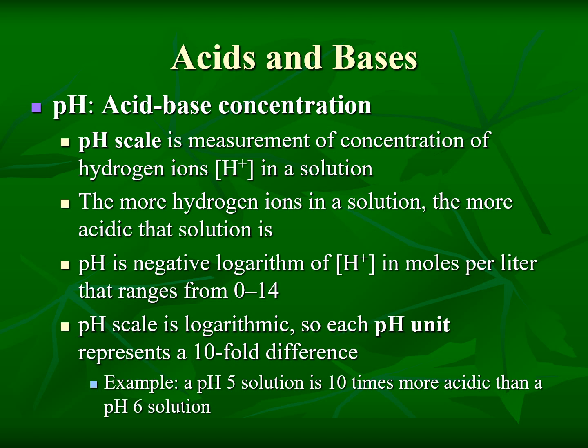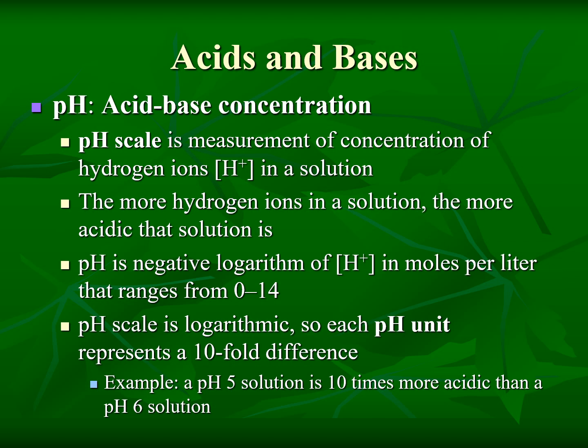We use a pH scale to measure the amount of hydrogen ions in solution. This way we can basically measure the acid concentration and the base concentration. The more hydrogen ions in a solution, the more acidic that solution is.